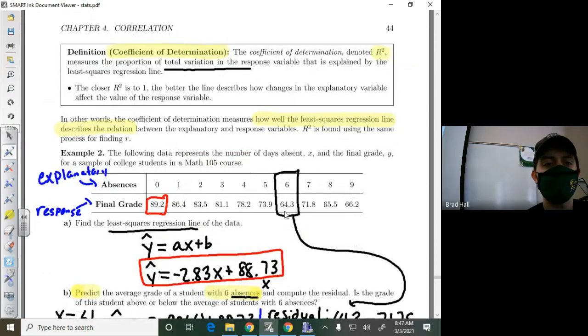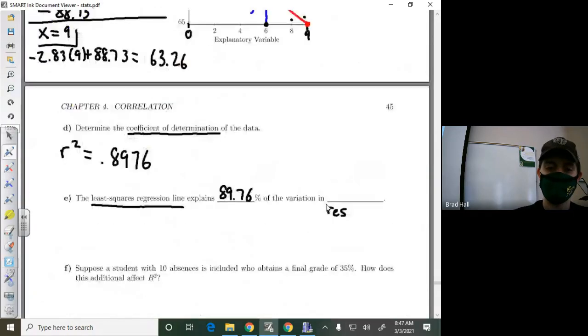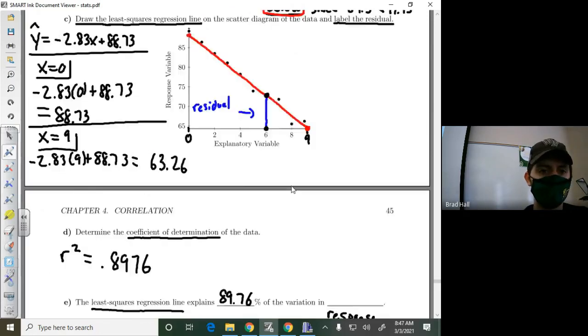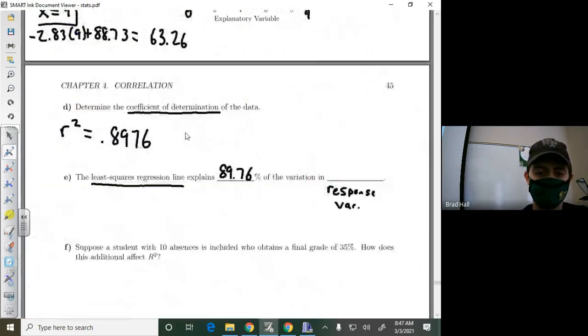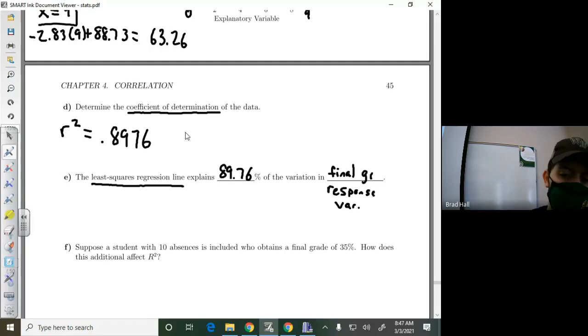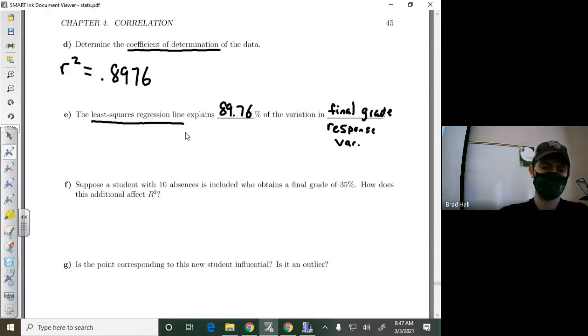Total variation in the response variable. And in this case, the response variable is the final grade, the y value.